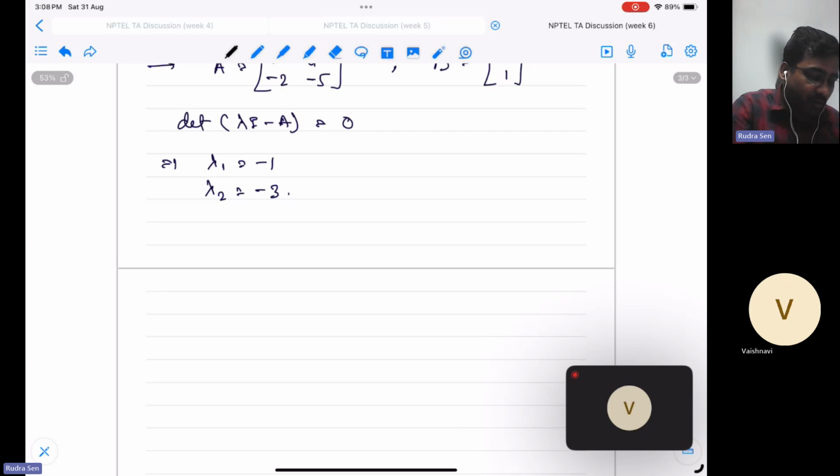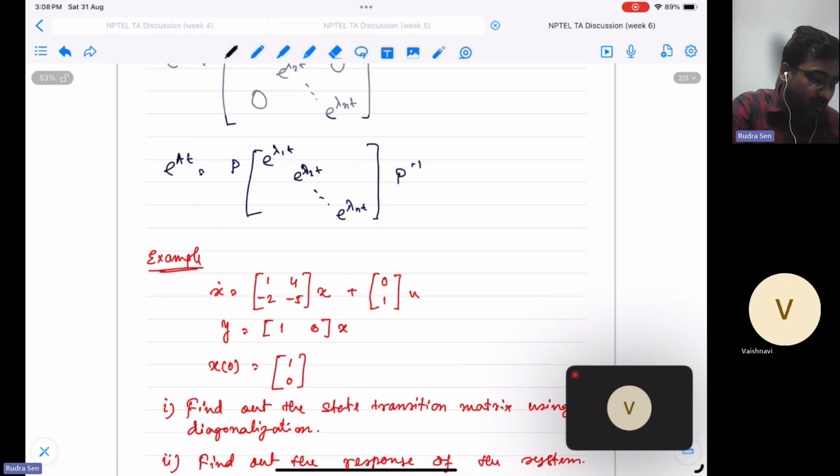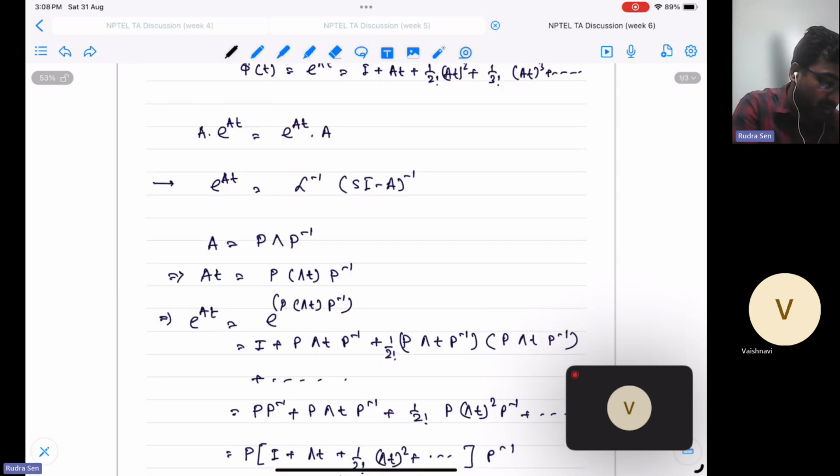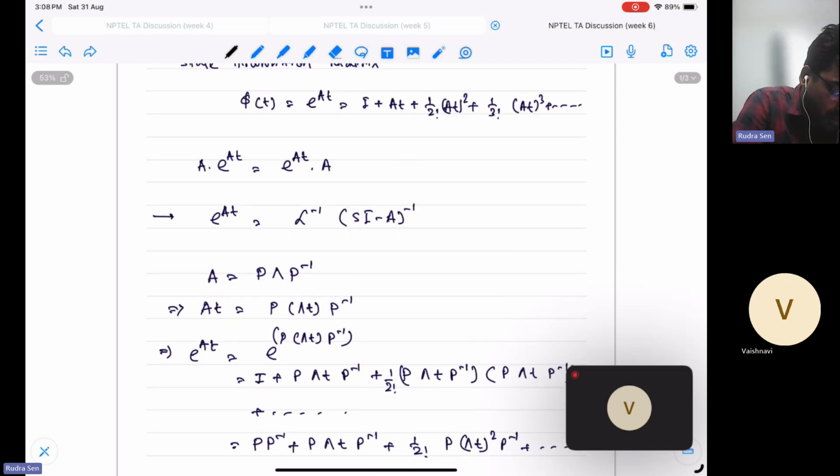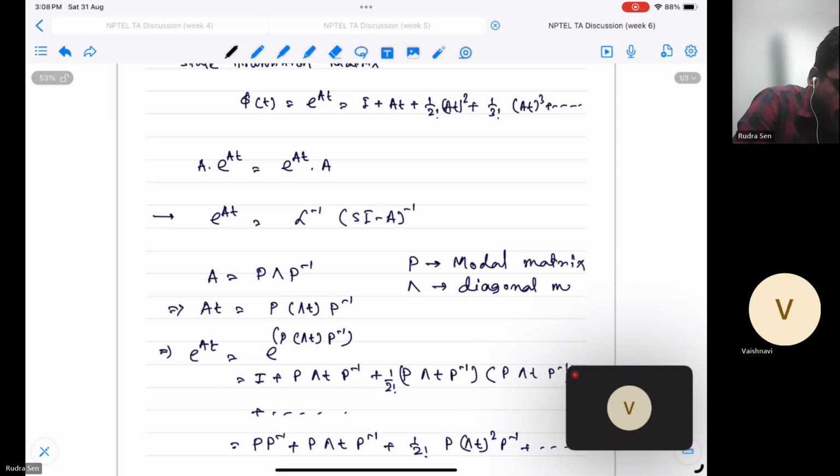Okay. So to find this P that is called over here, P is basically the modal matrix and lambda is the diagonal matrix. Okay.